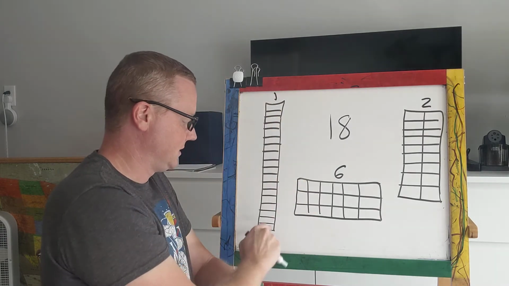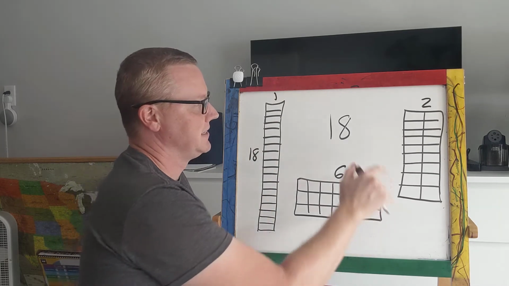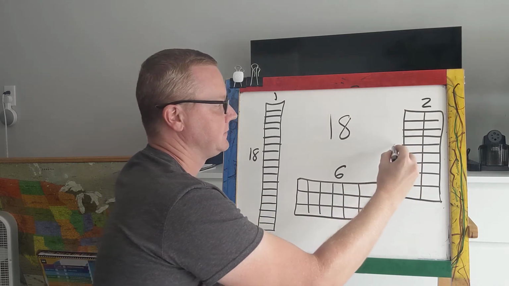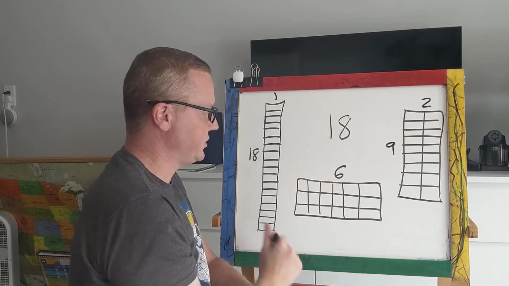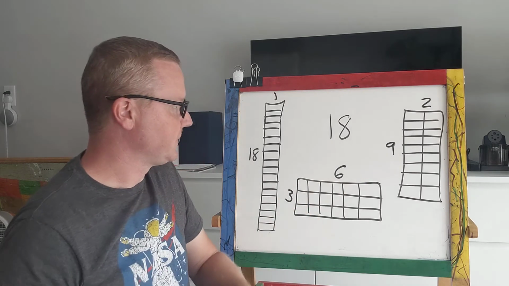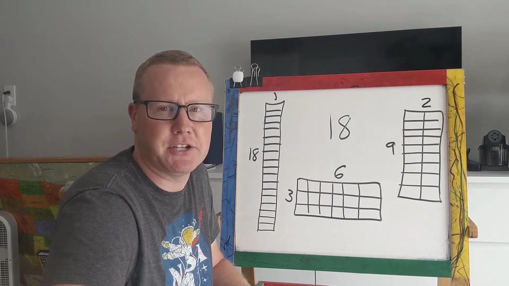This one, if you want, you can count them all, but it's 18. I'll help you out. This one is 1, 2, 3, 4, 5, 6, 7, 8, 9. This dimension is 1, 2, 3. A 3. All right, so now we've written some stuff and we filled in our arrays and we found the dimensions.